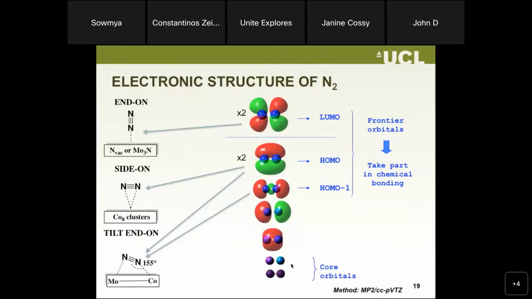So I'm sorry, the HOMO-1 was donating electron density into the cobalt, whereas the HOMO orbital donates electron density into the molybdenum. So that explained this new adsorbed configuration, and we were happy to publish that in that paper in JPhysChem.